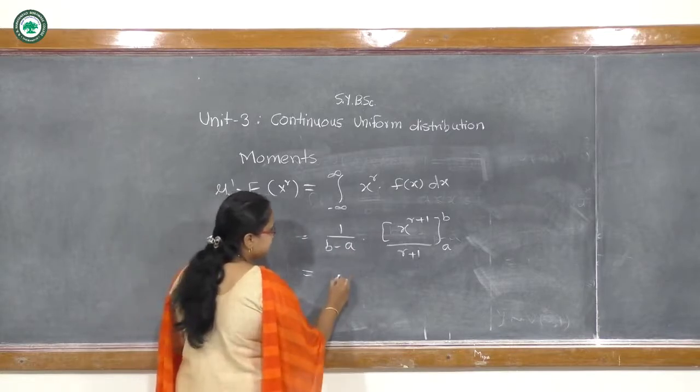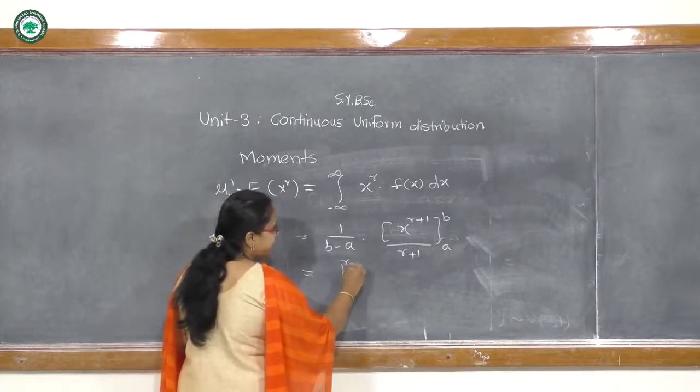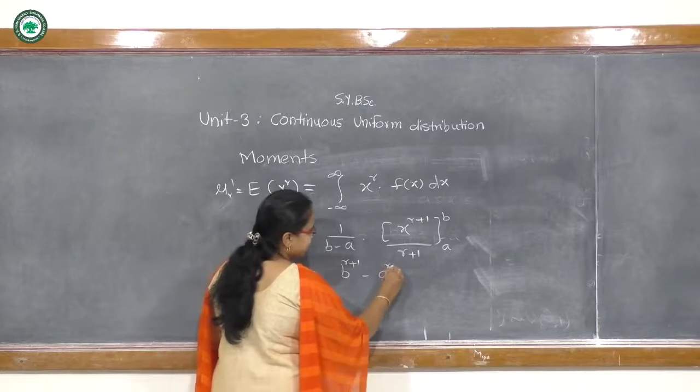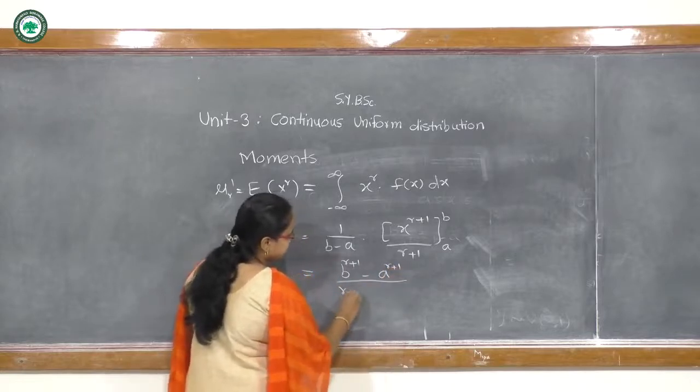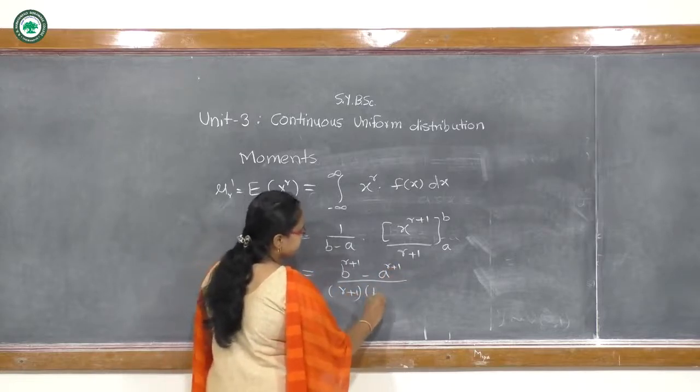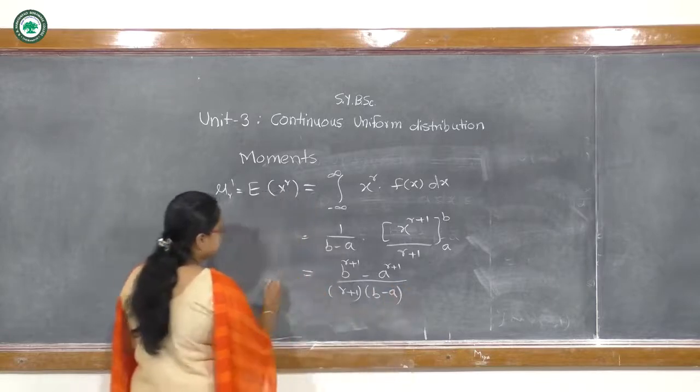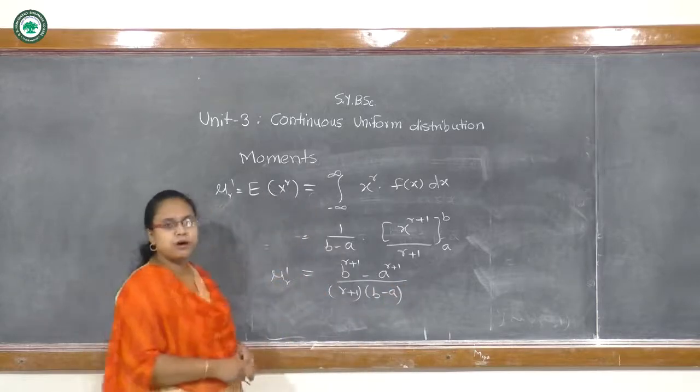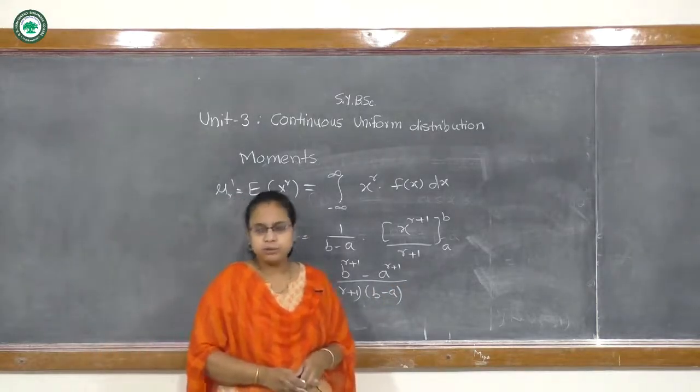So we remain with b raised to r plus 1 minus a raised to r plus 1. This is the formula to find the raw moments.